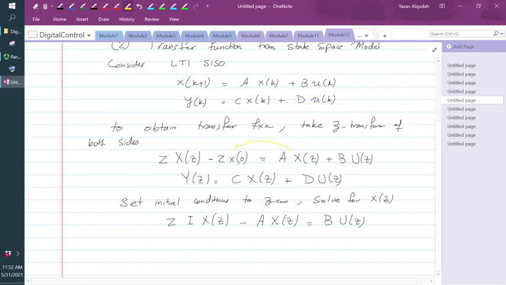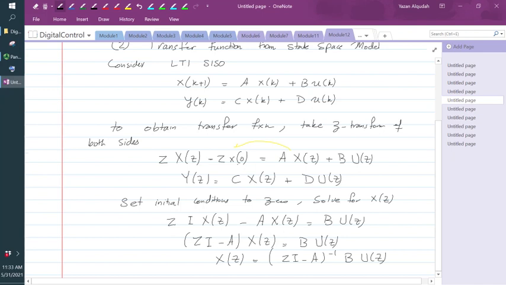We can write this as z multiplied by I minus a, multiplied by x of z, equal to b multiplied by u of z. And therefore x of z is going to equal z multiplied by I minus a inverse, multiplied by b, multiplied by u of z.